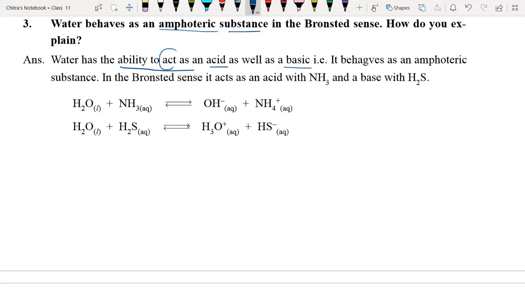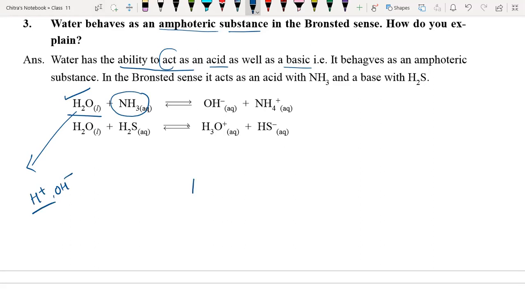Let us go through an example first. Suppose we have water, and ammonia reacts with it. What generally happens during the reaction is that water molecules undergo dissociation. Water will dissociate and form H positive ion and OH negative ion. Is it or not?